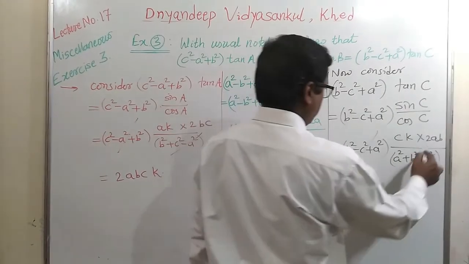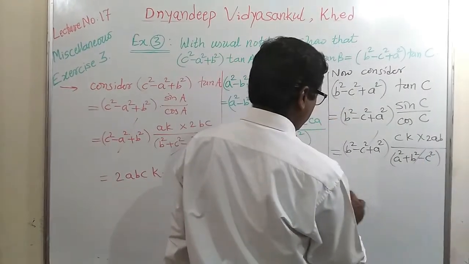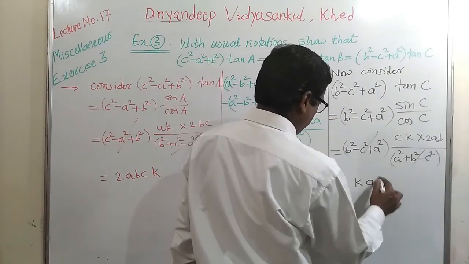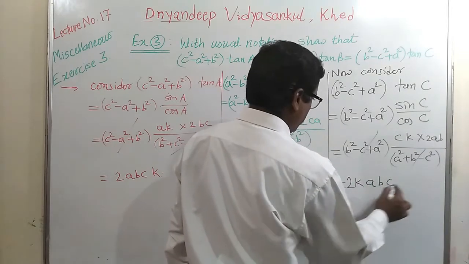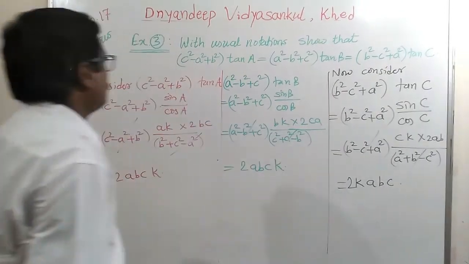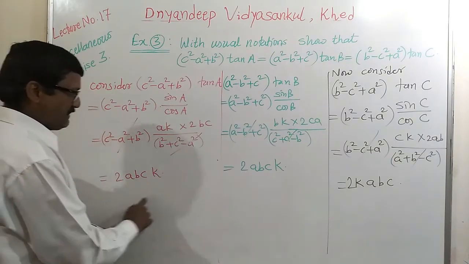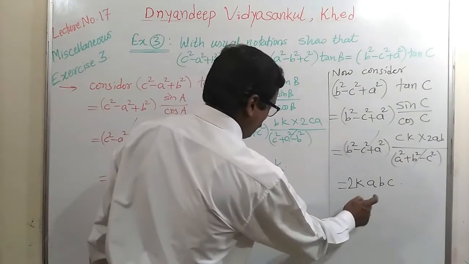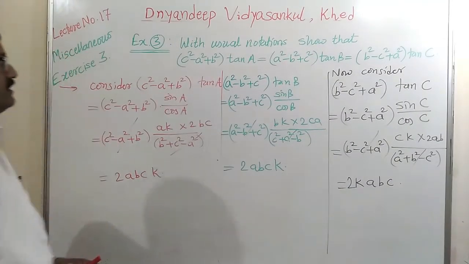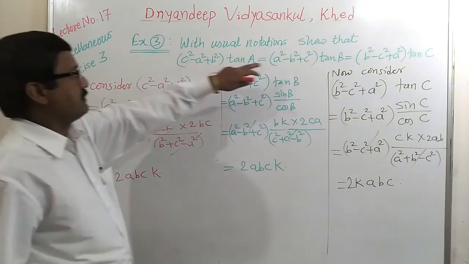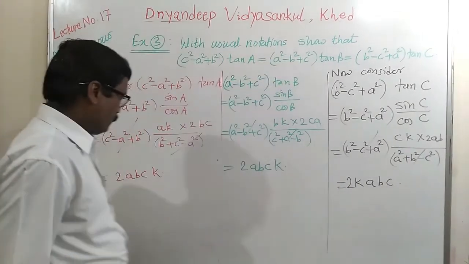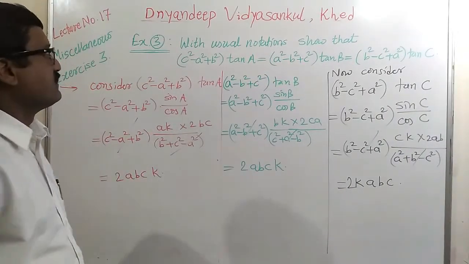So once again cancelling the bracket remains as usual K into abc with 2. So each term has the same value, twice abcK. So these equalities hold because of this common result.